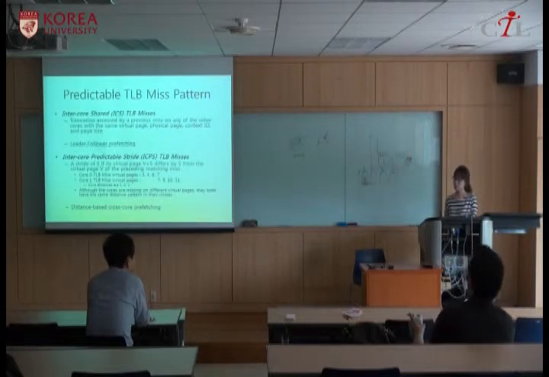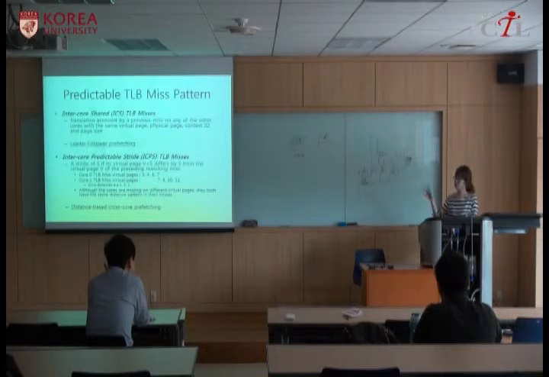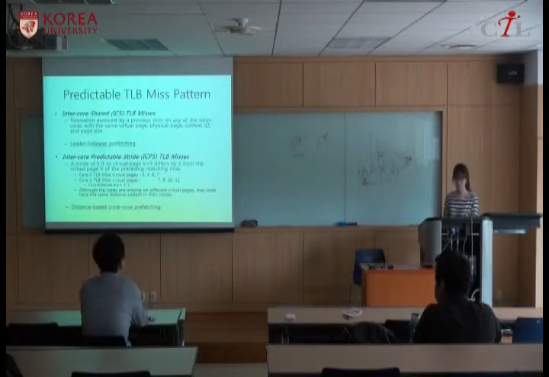And this can be done by prefetching. For the second one, you can do prefetching for the page number stride. They use prefetching for both of them. Prefetching means that before you miss, you analyze and prefetch the TLB entry earlier. Okay.